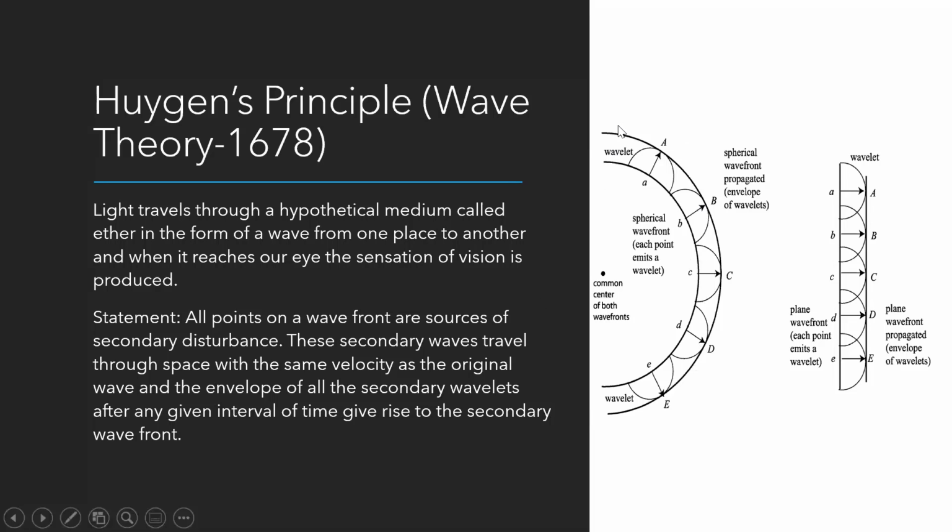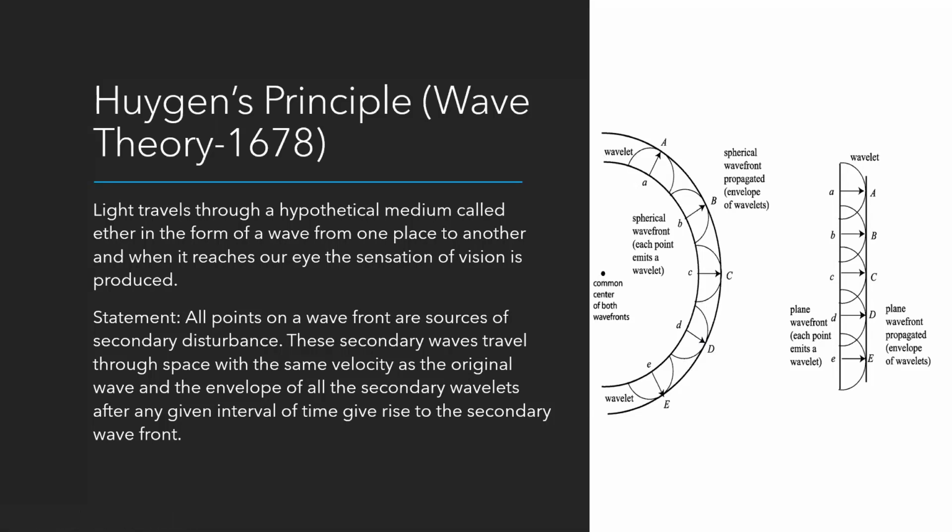Zaman asked me, can we draw the sphere at any point? Yes, because if this time is t, and you are taking a smaller time t1, then the sphere will be here. If you are taking a larger time t2, then the sphere will be here. So anywhere you can draw a sphere, the only condition is that the center of the sphere should be the point source of light.